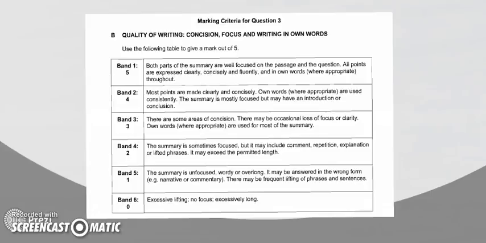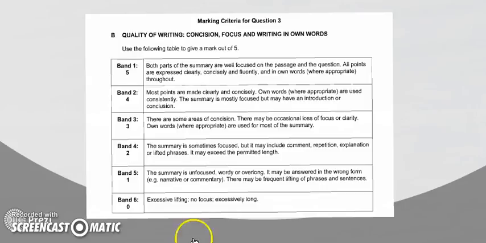Okay, so there's no marking criteria for part A of this, not a generic one anyway, like this one. You simply get a mark for each correctly identified point that is on a line within the box.